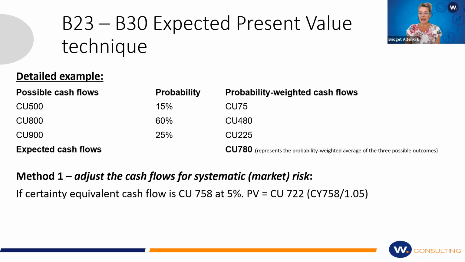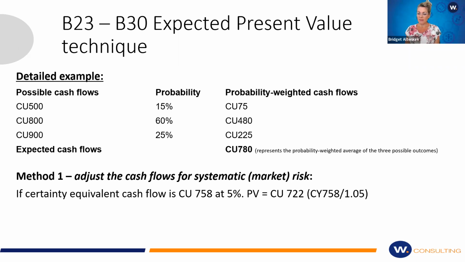So the entity in this case has estimated there's a 15% probability they'll receive 500 units, a 60% probability they will receive 800, and a 25% probability that they will receive 900. If you take the value multiplied by that percentage probability, you can then calculate the weighted average, which in this case is 780 units.